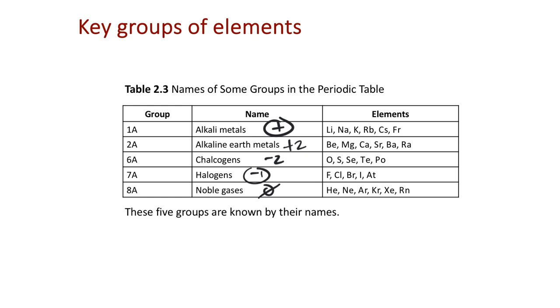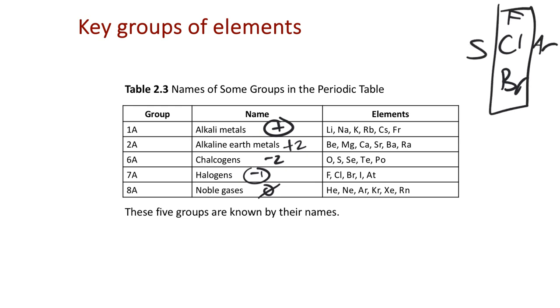So you have a big difference of property from left to right, and a very similar set of properties from top to bottom. Chlorine is going to be more similar to fluorine and bromine than to its neighbors like sulfur and argon. So big differences left to right, smaller differences top to bottom.